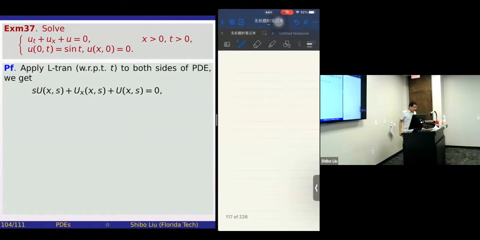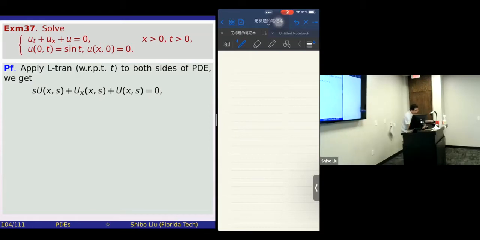Then the first term, we have two variables, both variables valued in the half real line. So it makes sense to take the Laplace transform with respect to t and with respect to x, but we do that for t because u(x,0) is 0. So when t equals 0, it is 0.